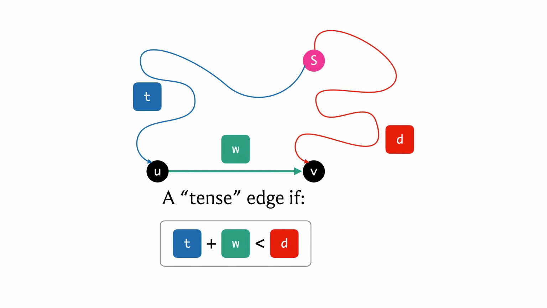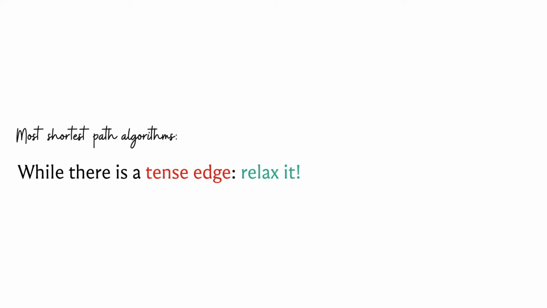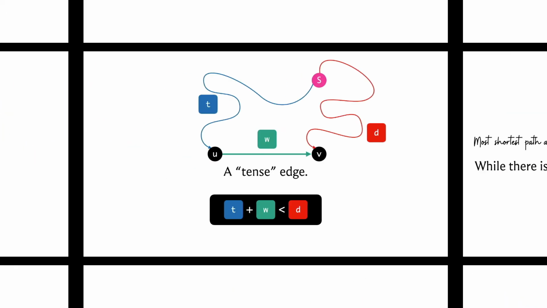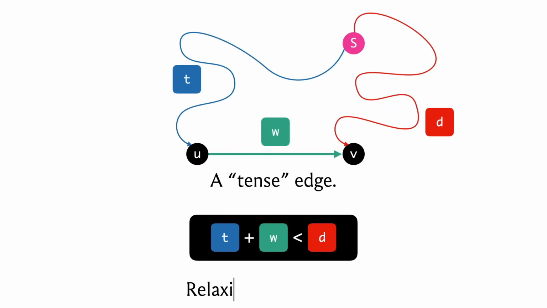Now, what do you do when you see a tense edge? Intuitively, you want to resolve this tension, and this process is typically called relaxation. So whenever you see a tense edge, you probably want to account for the information that you have and somehow fix the situation with the distance array. So the process of relaxing an edge is exactly what you expect it to be.